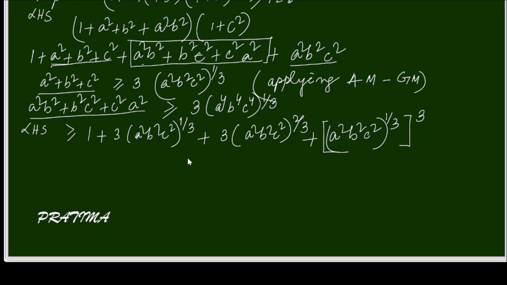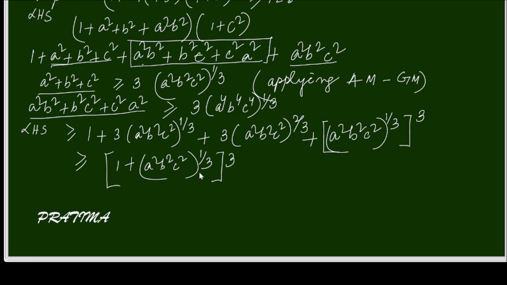So I am trying to get a whole cube. So this is 1 by 3 power 3, 1 by 3 power 2 and 1 by 3. So LHS is greater than or equal to (1 plus (a square b square c square) to the power 1 by 3) whole power cube.